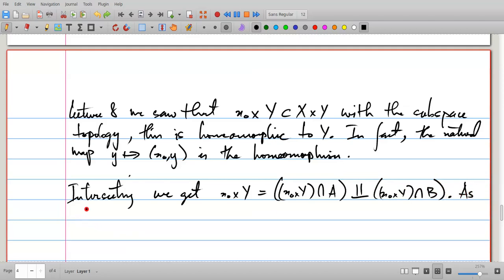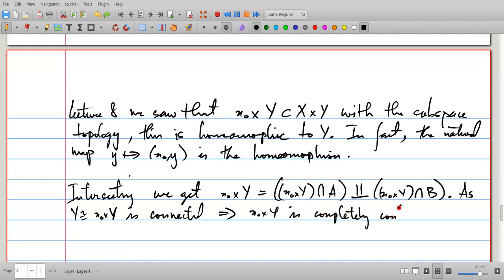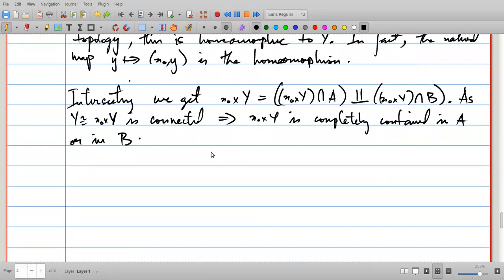So as Y, which is homeomorphic to {x naught} cross Y, is connected, this implies that {x naught} cross Y is completely contained in A or in B. Because otherwise we will get that {x naught} cross Y is disconnected, but that is saying Y is disconnected. That's not true.